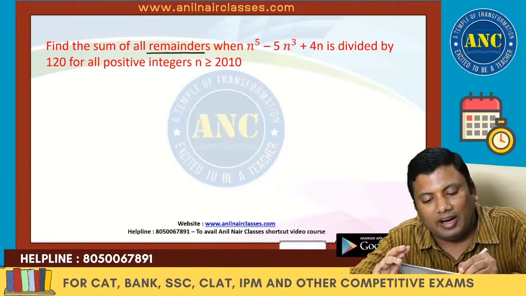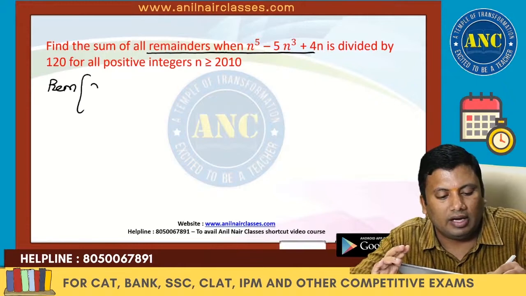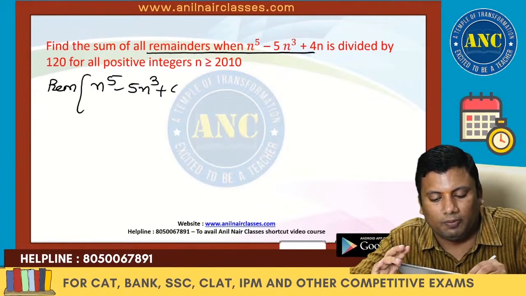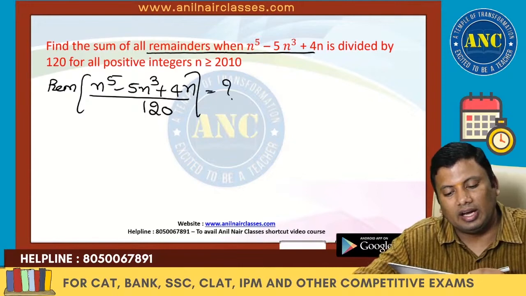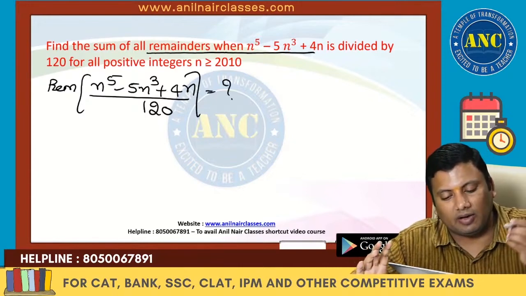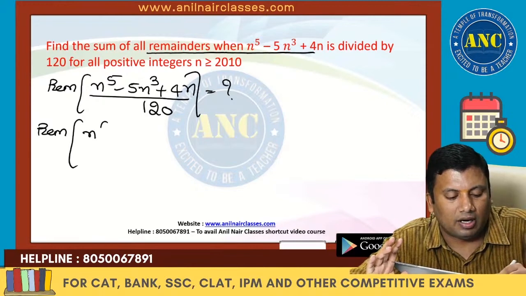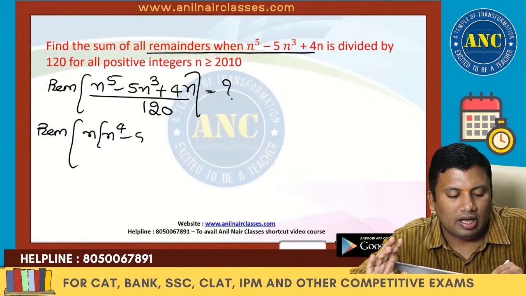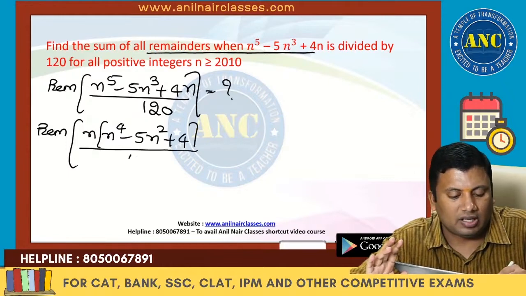Next one. Find the sum of all the remainders when n power 5 minus 5n cube plus 4n is divided by 120, where n is an integer greater than or equal to 2010. Suppose I take n common, this is n times n power 4 minus 5n square plus 4.